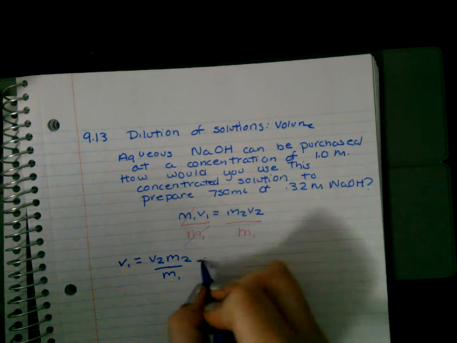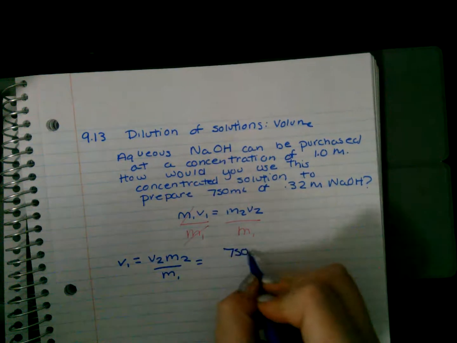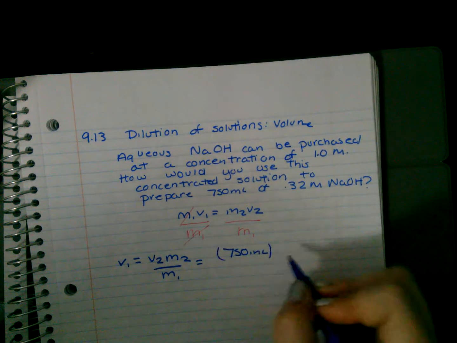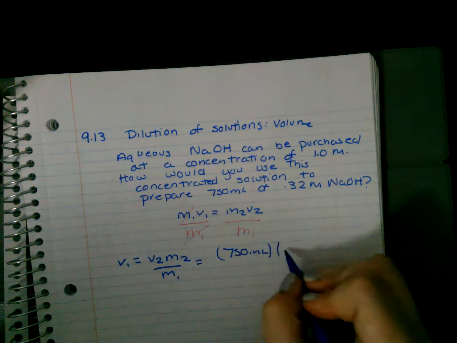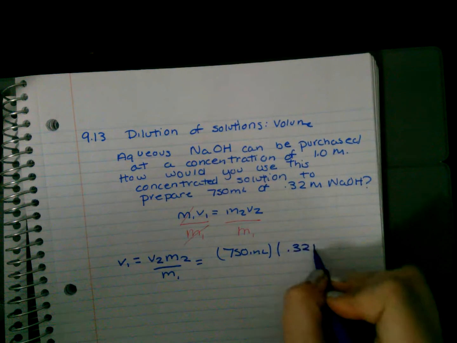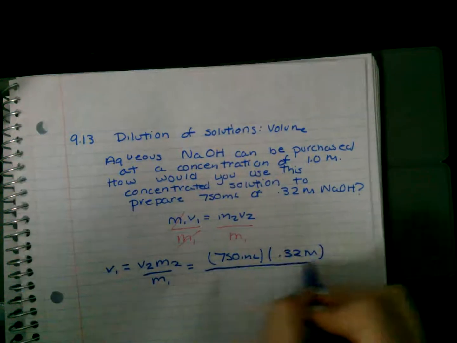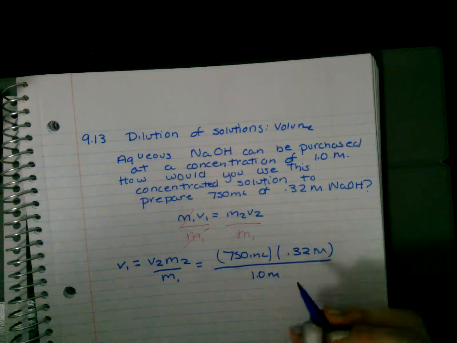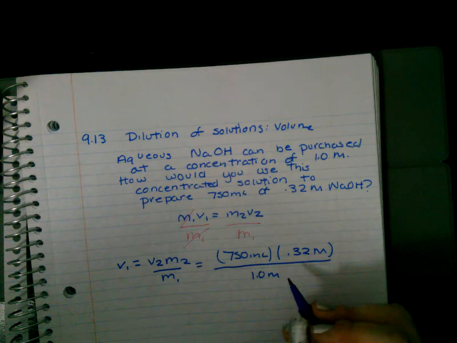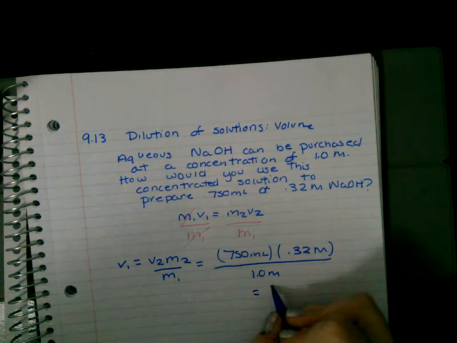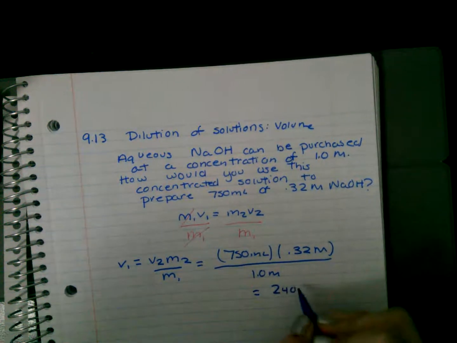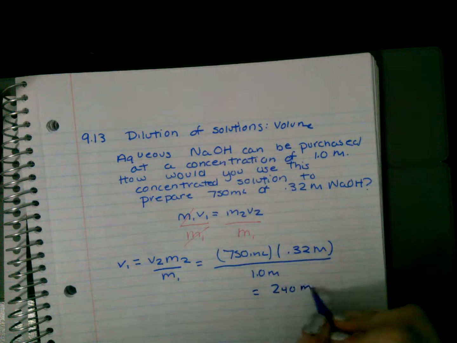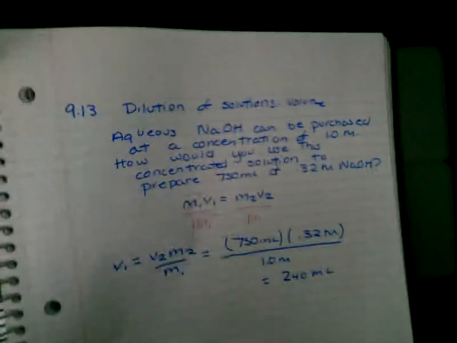When we plug this in, we get V2 is 750 milliliters. M2 is going to be 0.32. And then M1 is going to be 1. So the answer that we get here is going to be 240 milliliters.